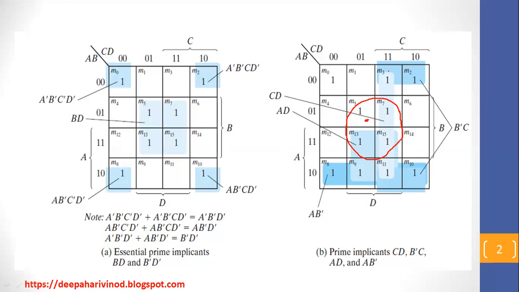In the same way, this grouping of these four ones is also not essential because this one is already included here, these two ones are included in this group, and this one is already included in this group.